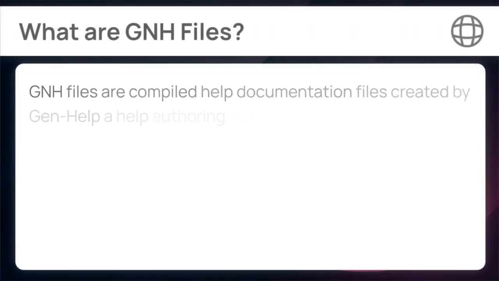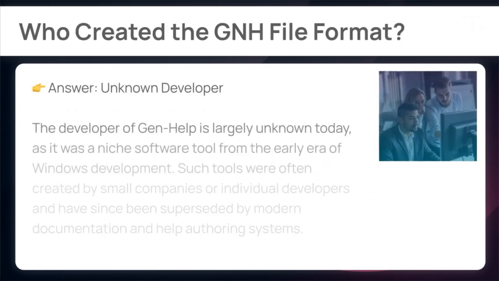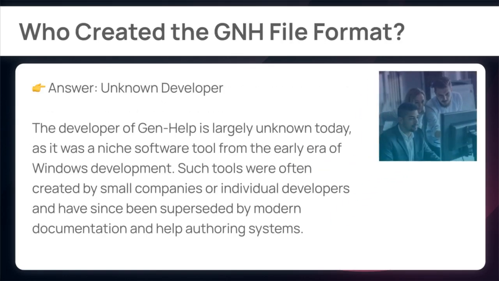GNH files are compiled help documentation files created by GenHelp, a help authoring tool used to produce context-sensitive help systems for Windows applications. They contain formatted help topics, hyperlinked navigation tables of contents, keyword indexes, and embedded graphics for software documentation.